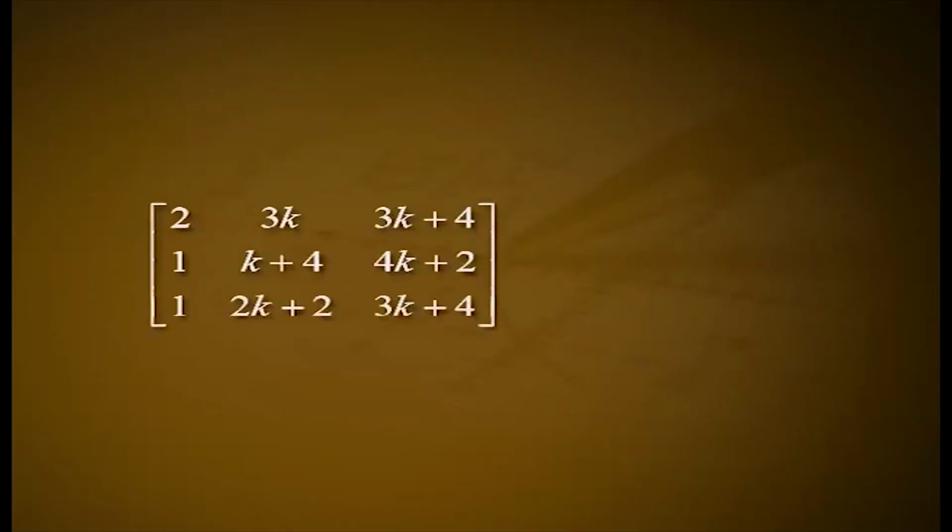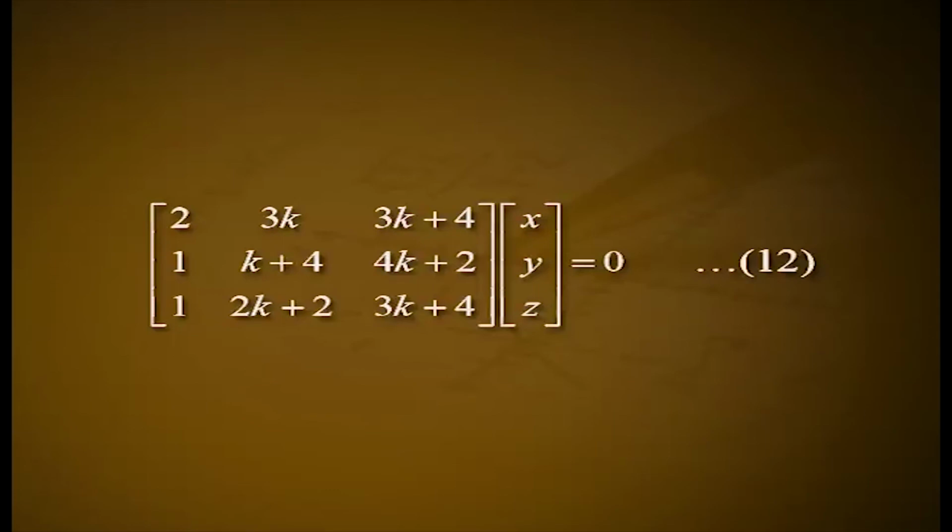Solution. The given system of equations is equivalent to the single matrix equation [2 3k 3k+4; 1 k+4 4k+2; 1 2k+2 3k+4] times [x y z] equals 0. Equation 12.